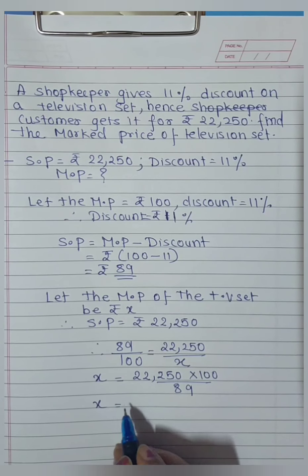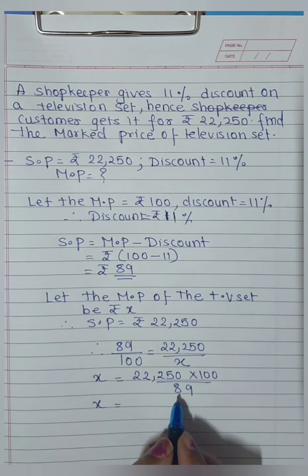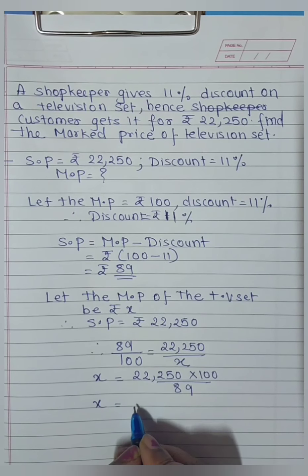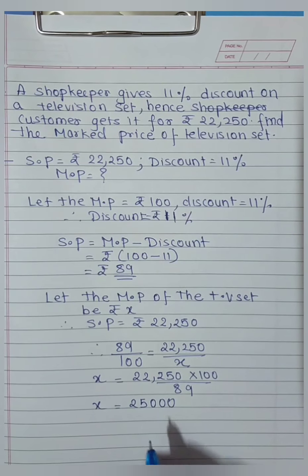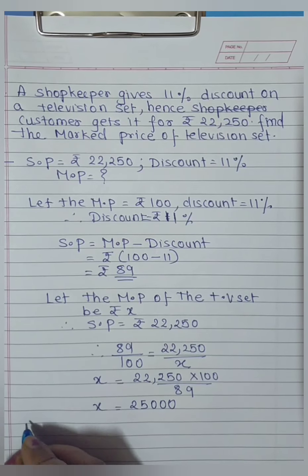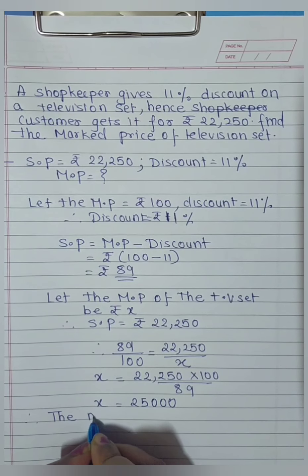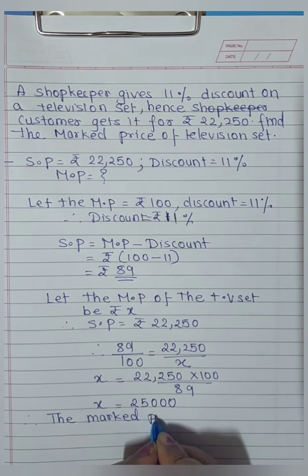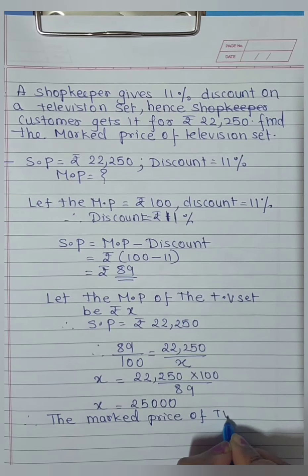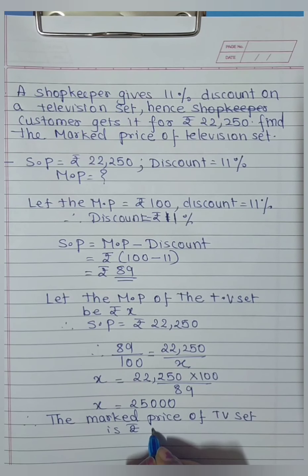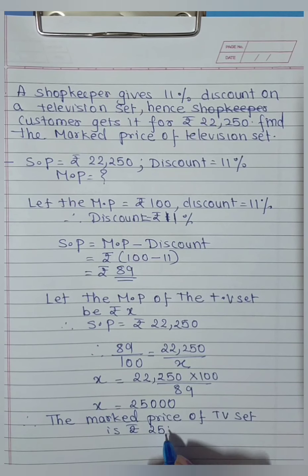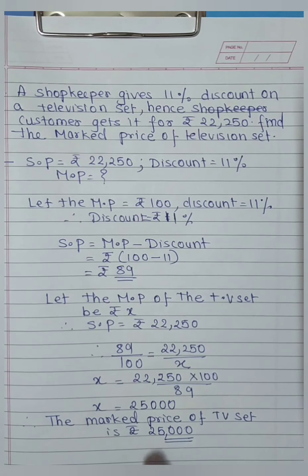After cross multiplication and division, we get the answer 25,000. Now therefore the mark price of the TV set is rupees 25,000. This is our answer.